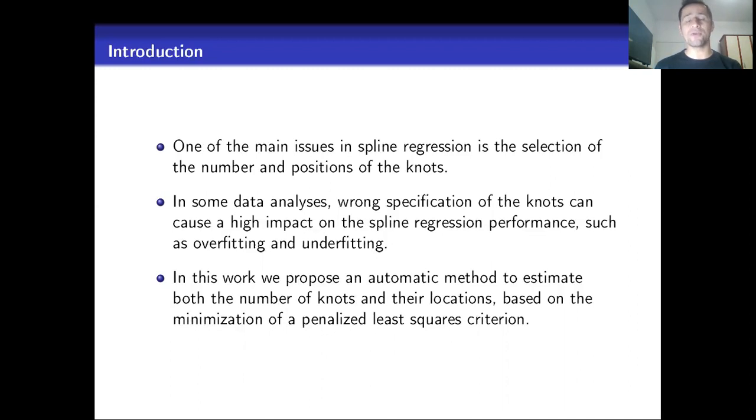So the goal of our study is to provide a completely automatic method to determine these values.